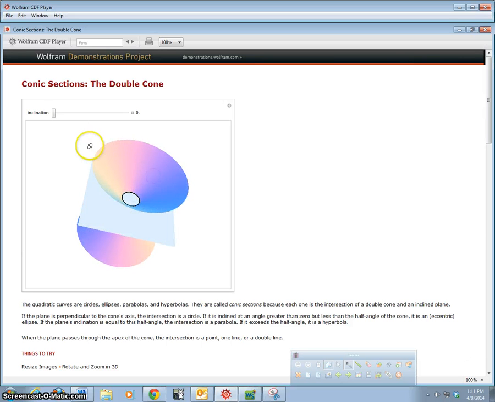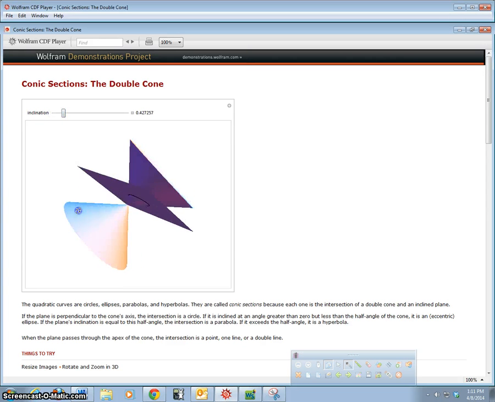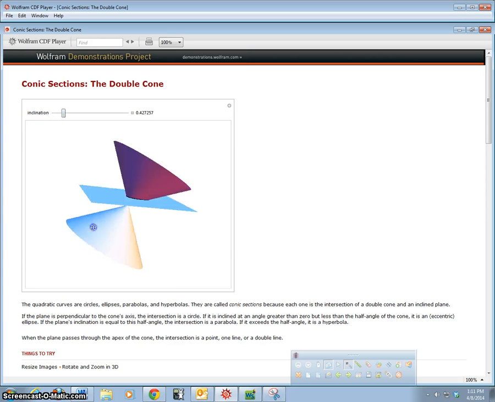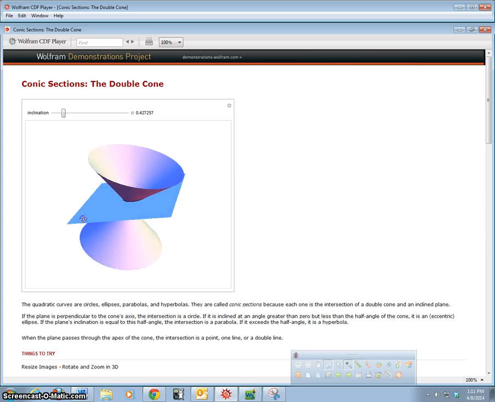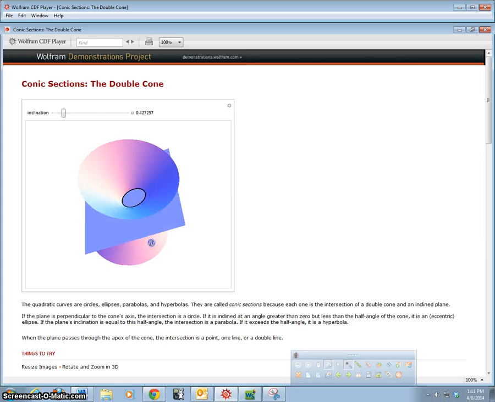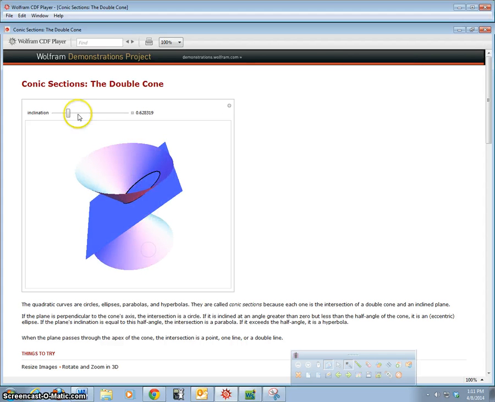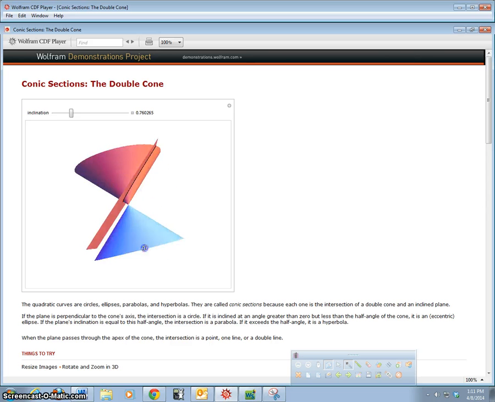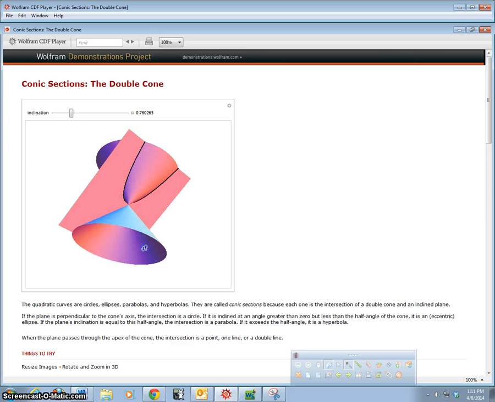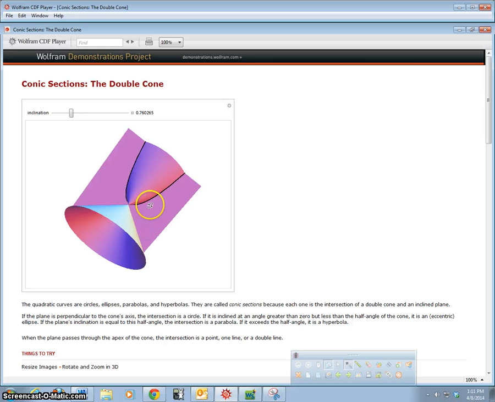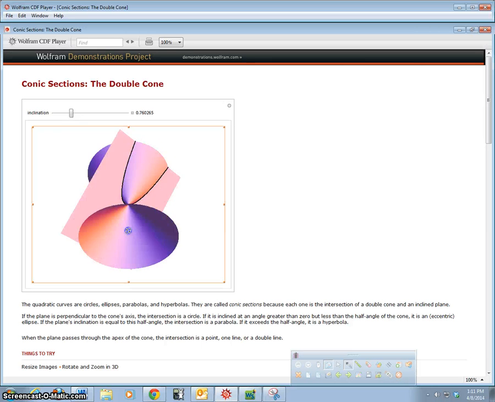If I change the way this slice inclines, so the plane is now at an incline, I'm going to get a different figure, like an oval shape. That oval shape is called an ellipse, and if I go far enough, I'm only going to cross one cone and pass through that, and that is a parabola.